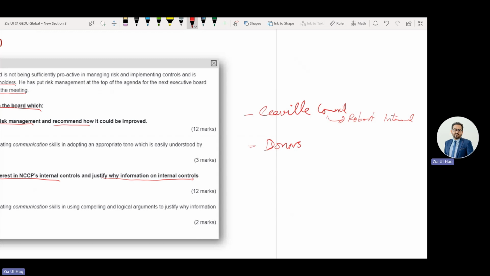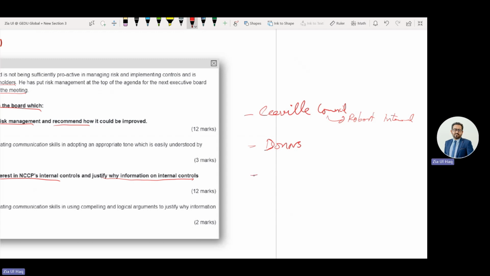The company needs to prepare a report on internal control and publish it, send it to the donors so that they are aware about the system of the company, how they are running operations, how they are managing funds, so that they have confidence their funds are not being misused. They have been used for proper purpose, for proper cause. And this confidence will insist them to provide more funds, more donations to the organization.